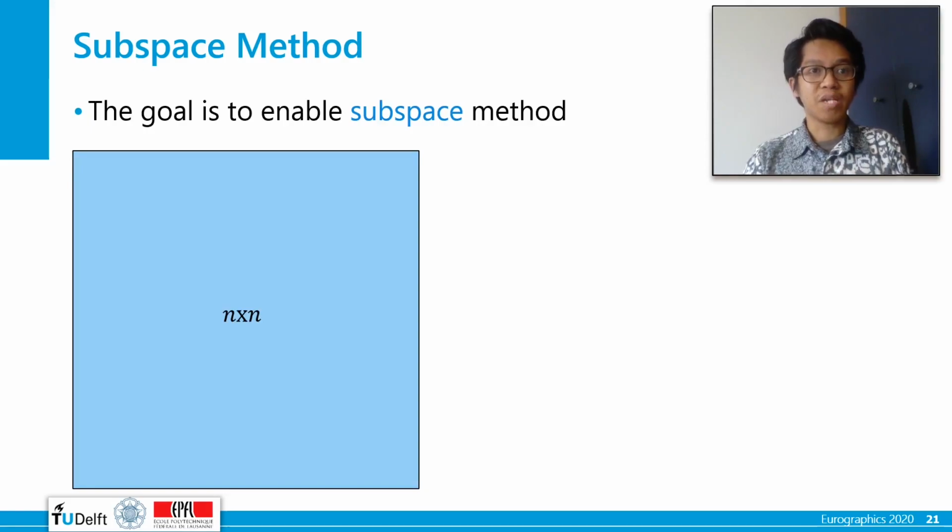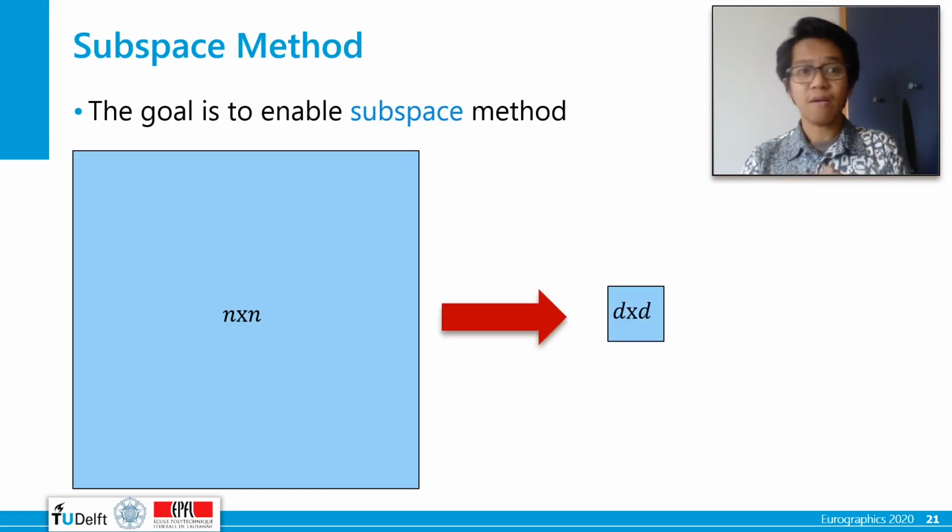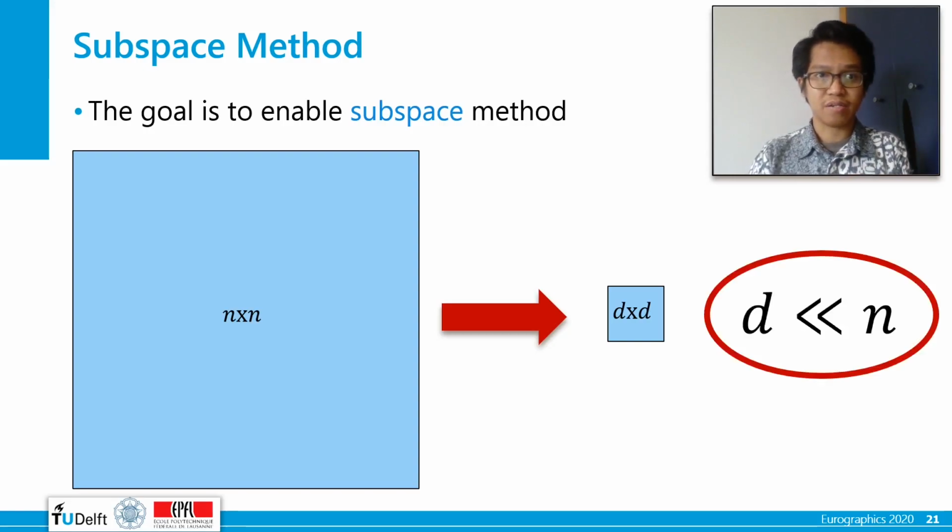And what we mean by that, loosely speaking, is to transform an n by n problem to a d by d problem, right? In which n is associated with the mesh resolution, or it could be the number of triangles or the number of vertices depending on the discretization, while d is the dimensionality of the subspace, and d is chosen to be much smaller compared to n.